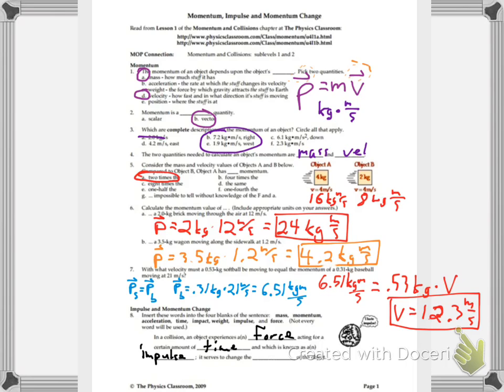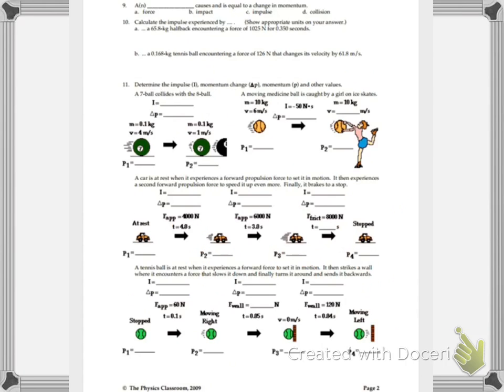An impulse changes the momentum of an object. So there's sheet 1. It's now on to the back here. A blank causes and is equal to change in momentum. That would be impulse. Impulse causes and is the same thing. It's equal to your change in momentum.